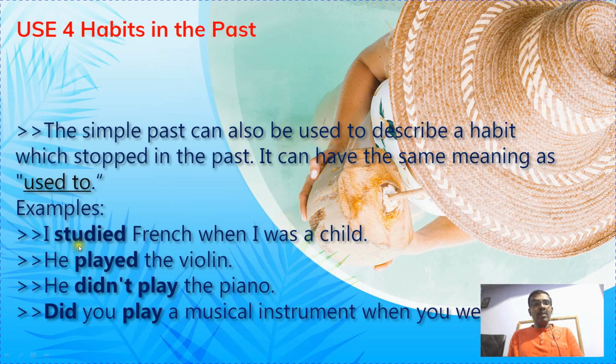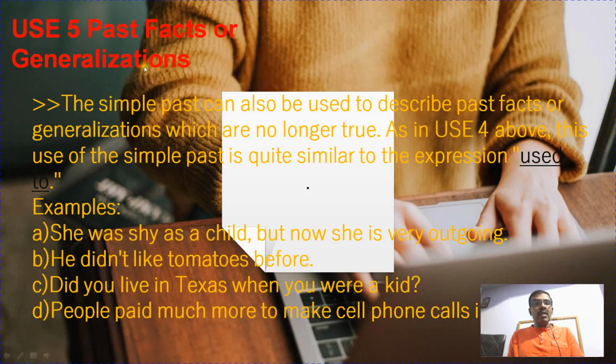And habits in the past. I studied French when I was a child. He might have been shy in the past, but now he is better in his activities, right? So habits: he played the violin, he didn't play the piano. His habits in the past are represented by the simple past tense. And the last one, to represent past facts or generalizations.